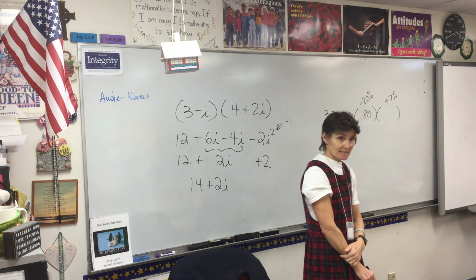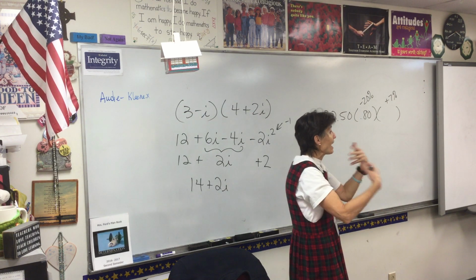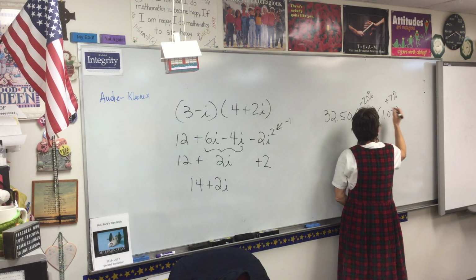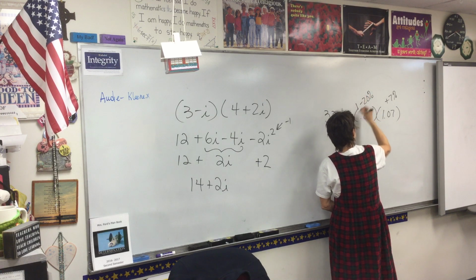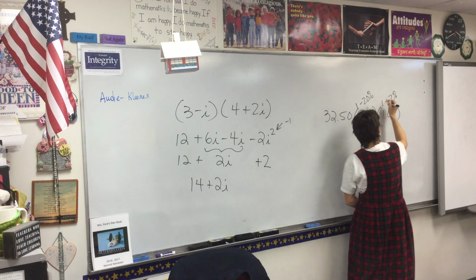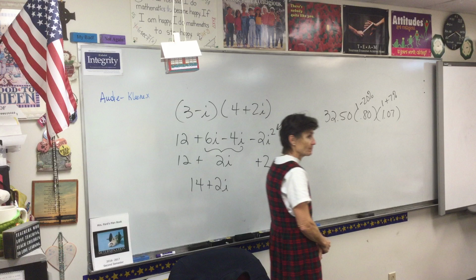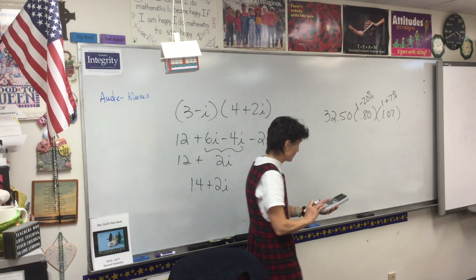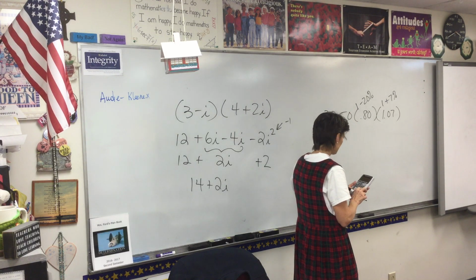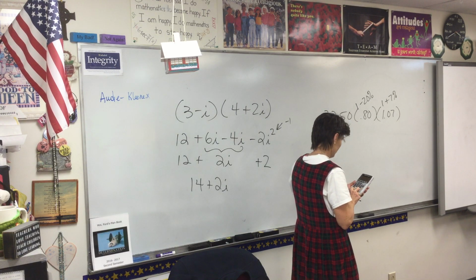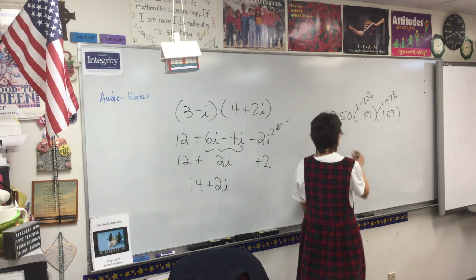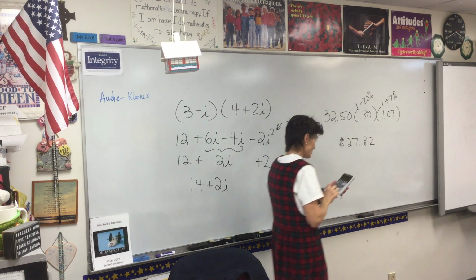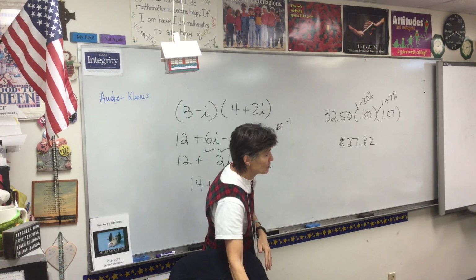What is the decimal that represents an add-on of 7%? 1.07. So this number is 1 minus 20%, and this one is 1 plus 7%. That obviously will be a calculator problem.